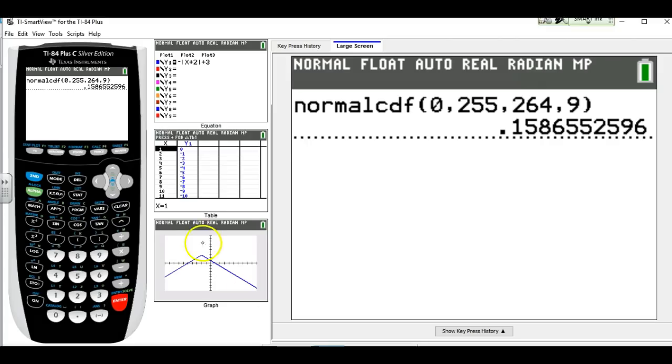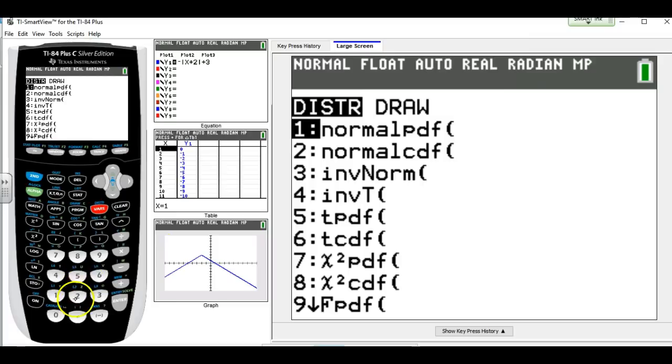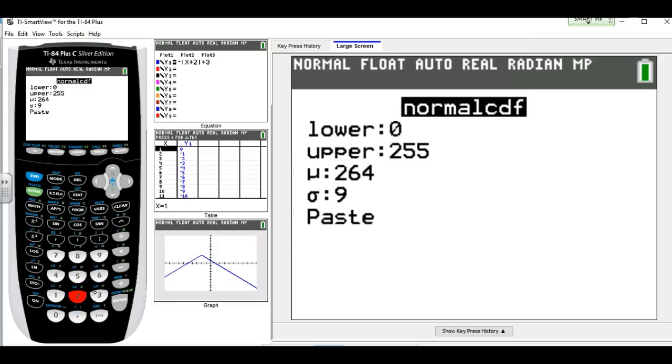So back to our calculator. Second, normal CDF, and we're going to go the lower bound. We said it was 282, right? So our upper bound will make something like 1,000.